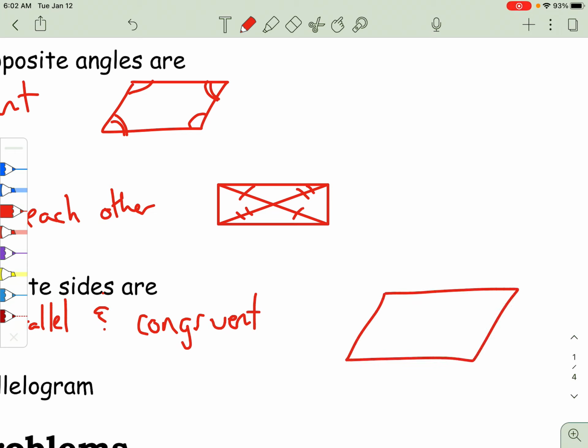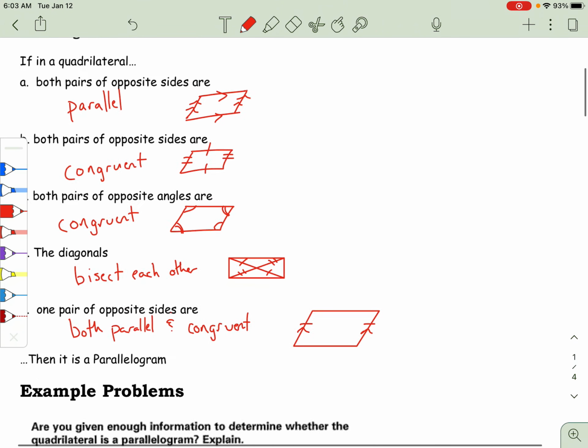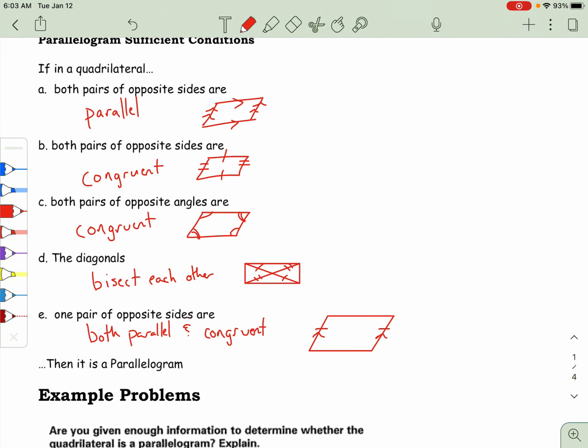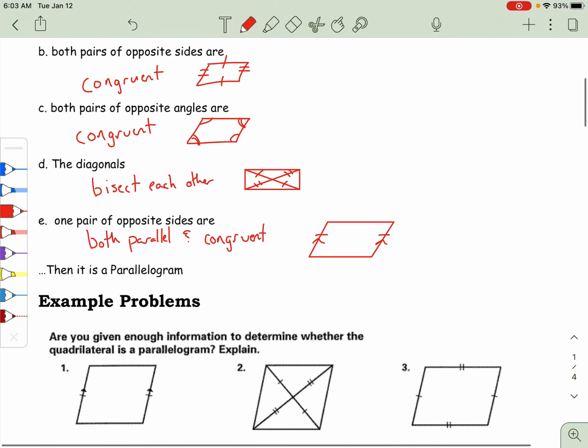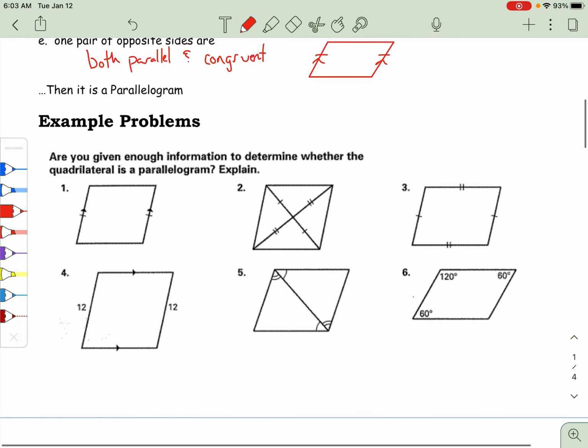There we go. Okay, like that. So if one pair of opposite sides are both parallel and congruent. So if any of these conditions are true, then it is a parallelogram. That's all you have to do to prove that it is a parallelogram, is show that any of these examples, or conditions, are true.